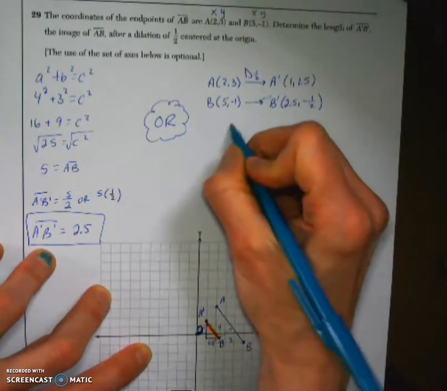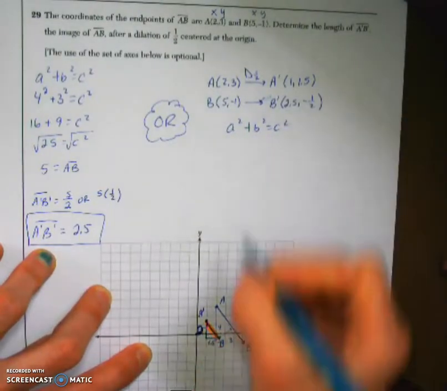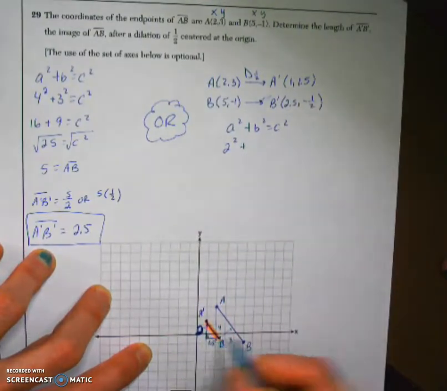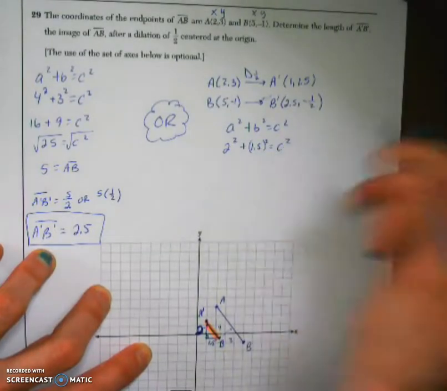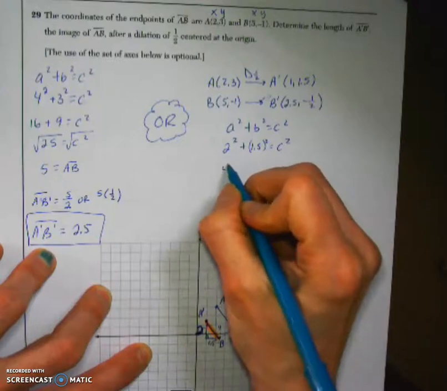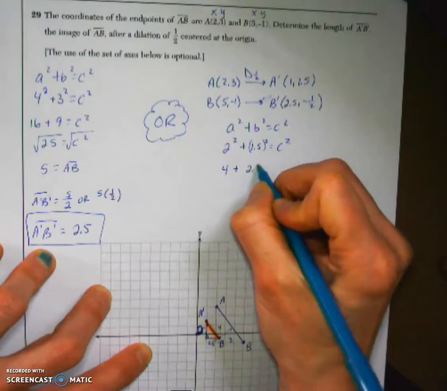So if we do the same process, which is the Pythagorean theorem, we have 2 squared plus 1.5 squared equals c squared. Well, 2 times 2 is 4, and 1.5 times 1.5 is 2.25.